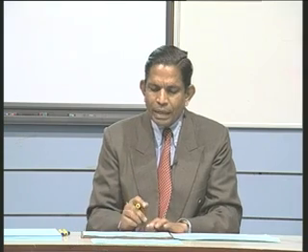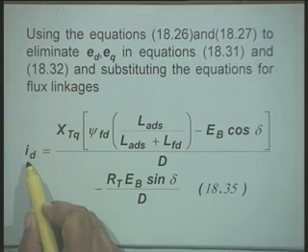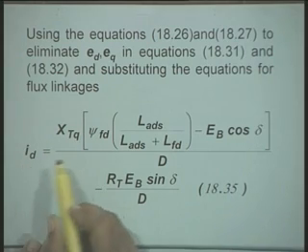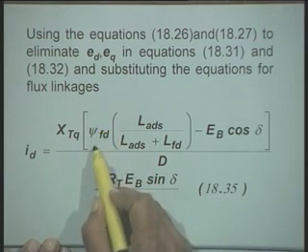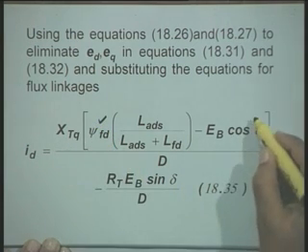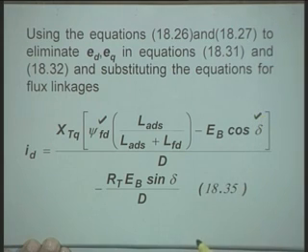ultimately, when you do all the algebraic simplifications, you can write down the expression for I D in terms of the state variables. This is your state variable, this is also a state variable, and other synchronous machine constants.